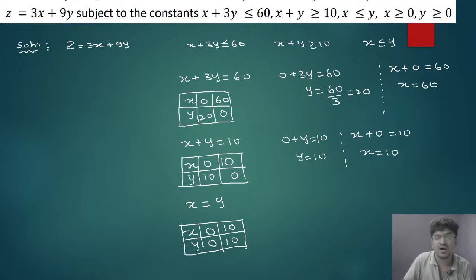Clear? Okay. So now these are the solutions that you have to use in the graph. Clear? So quickly tell me, shall I go for the graph? Have you understood this?